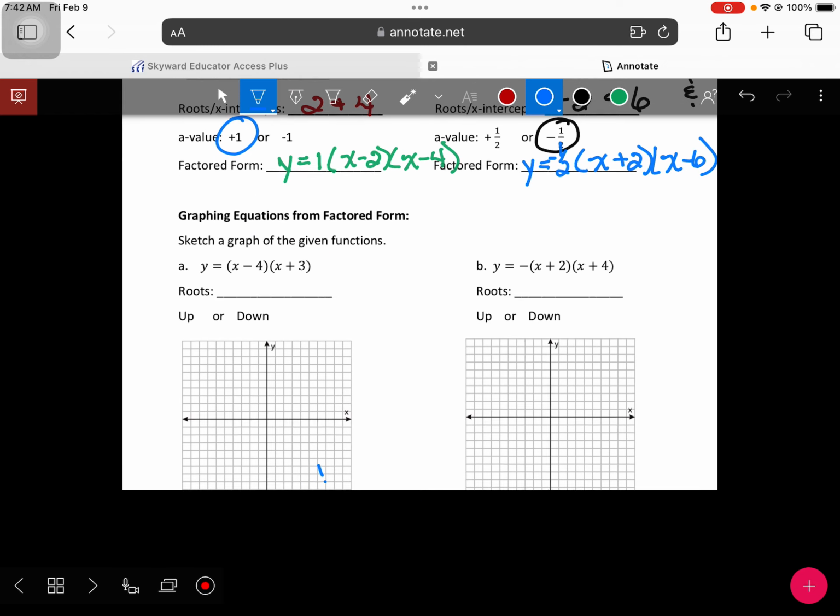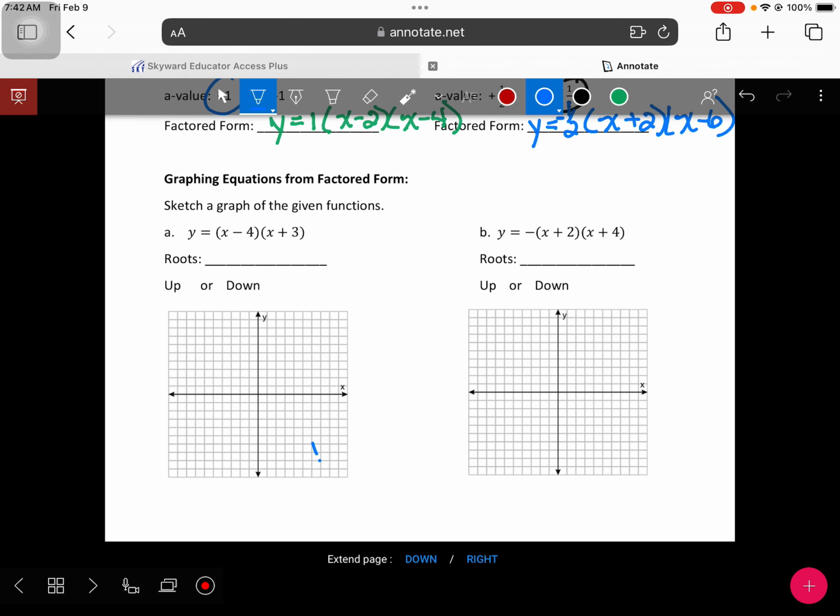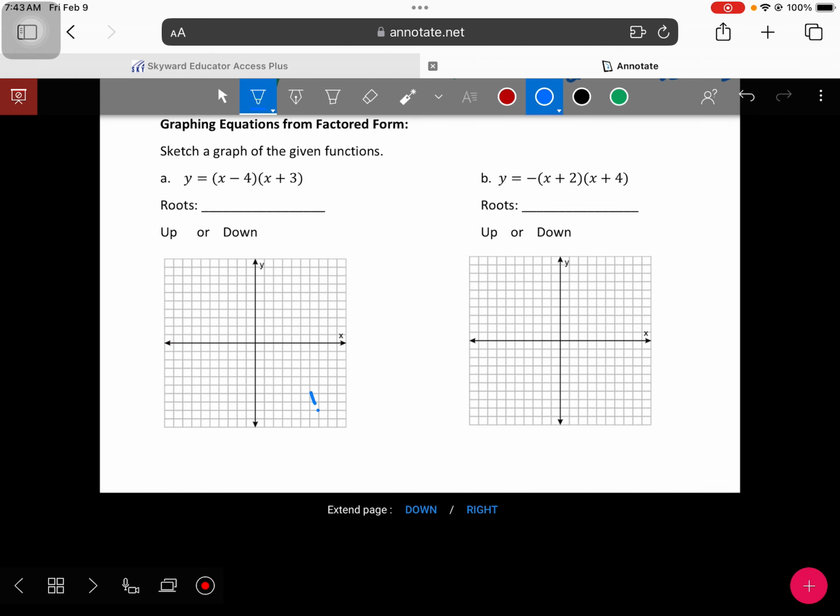Okay. Graphing equations from factored form. Sketch a graph of the given functions. Remember, what looks like the root in our factored form is actually its opposite. So when A says y equals x minus 4 and x plus 3, what are my roots?